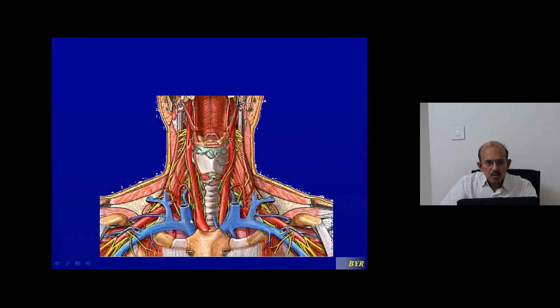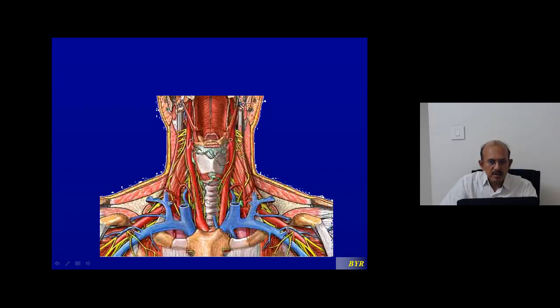This vagus nerve comes behind the subclavian artery. Before it goes behind the subclavian artery, it gives off a branch called the recurrent laryngeal nerve. This nerve comes in front of the subclavian artery, then hooks around it. You can see the nerve is here, coming like this, hooking around it and going again medially, just lateral to the tracheal veins.